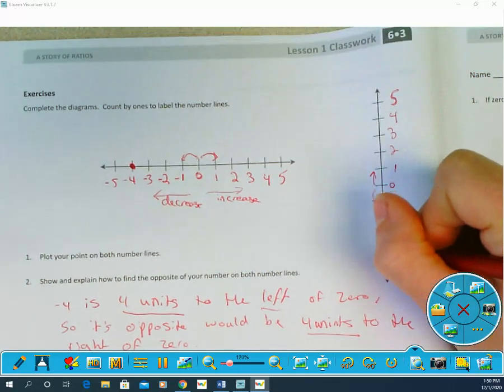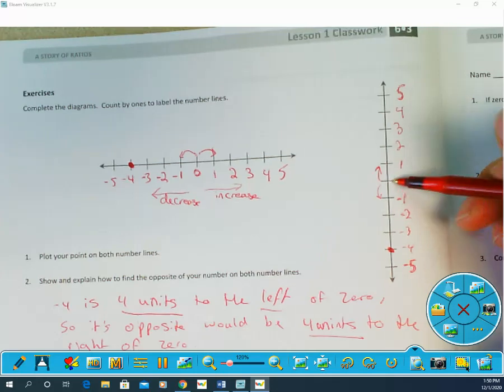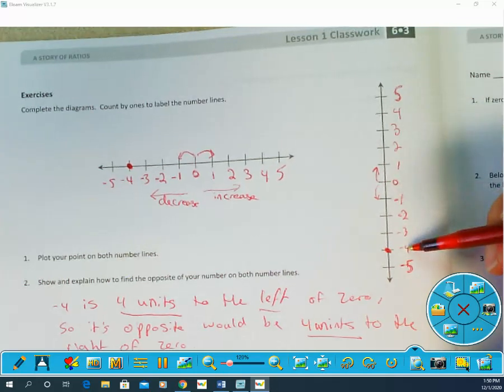I would do the same thing here. So if I have my -4, I am 1, 2, 3, 4 units below 0.